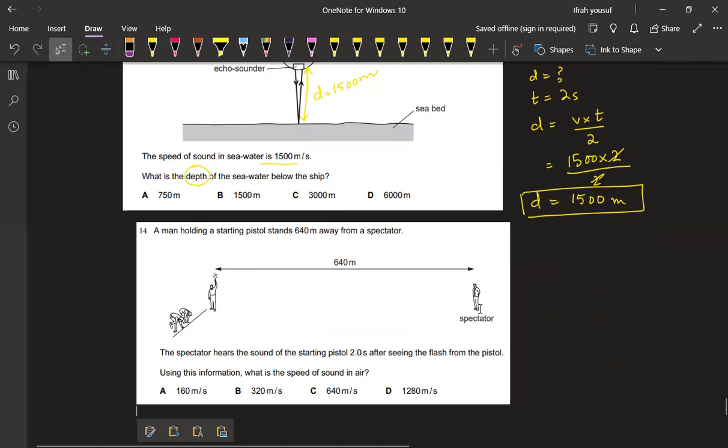So the spectator is here, and he is 640 meters away from the person holding the starting pistol. The spectator hears the sound of the starting pistol 2 seconds after seeing the flash.